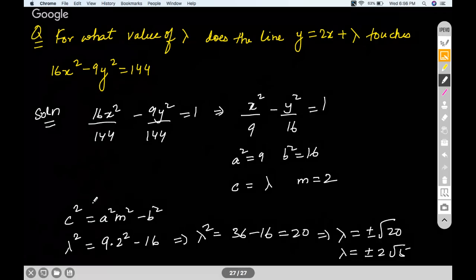Again, repetitive concepts like chord of contact, pair of tangents, chord whose midpoint is given to us, concept of pole and polar, equation of the diameter, concept of conjugate diameter, concept of conormal points. And apart from this, there is a very small part of a hyperbola which is called rectangular hyperbola, and asymptotes that we need to cover up.